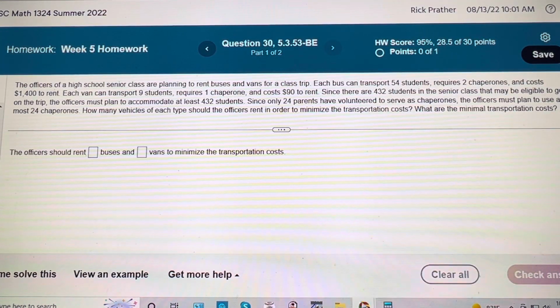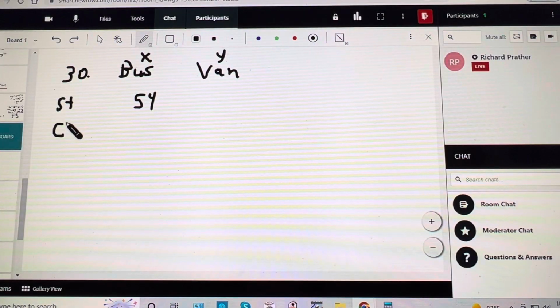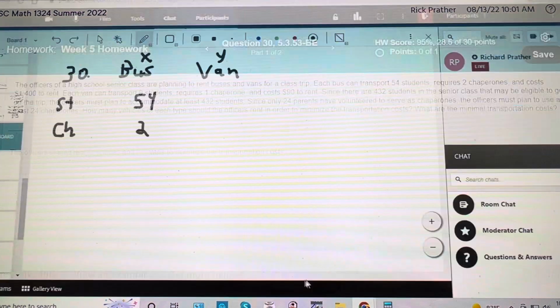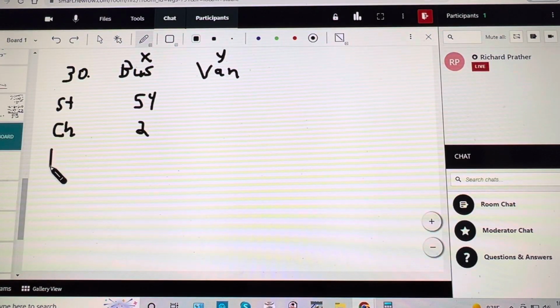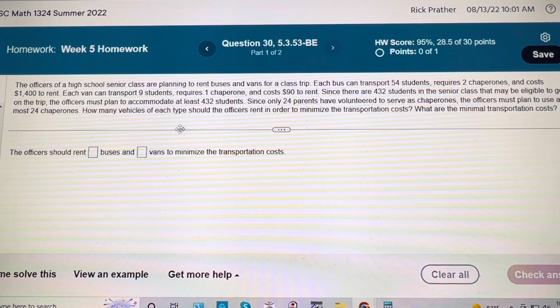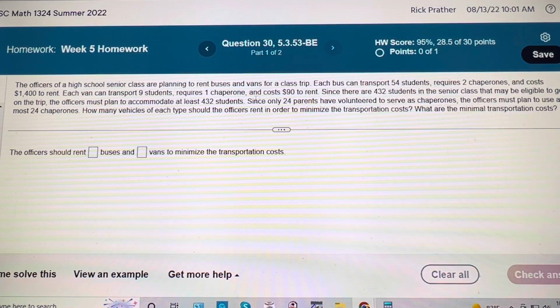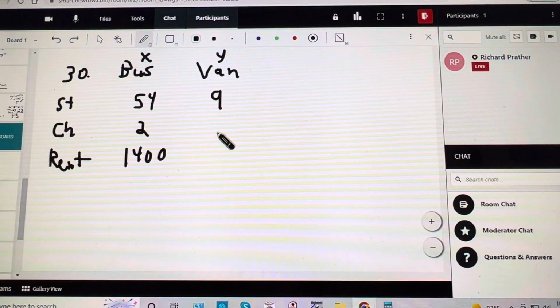2 chaperones, and costs $1,400 to rent. So that's the rent. Each van transports 9 students, 1 chaperone, and $90 to rent.